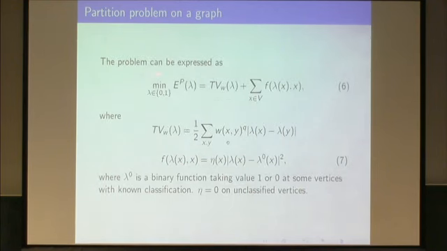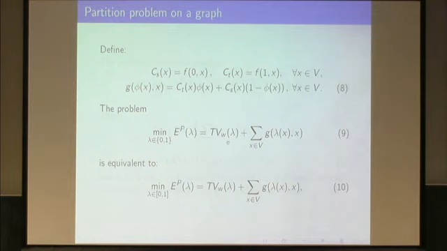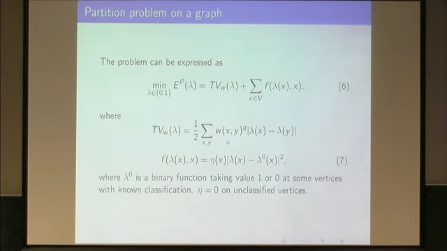Once we come to here, you can see this is very similar to what we were talking about earlier. By defining some functions, you introduce those functions, and then we can prove, with a little modification of the fidelity term, that this is the same thing as written here.